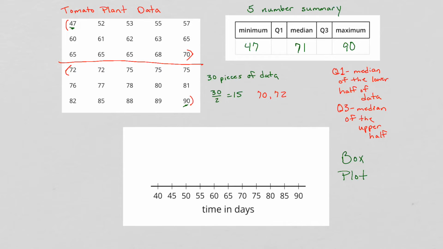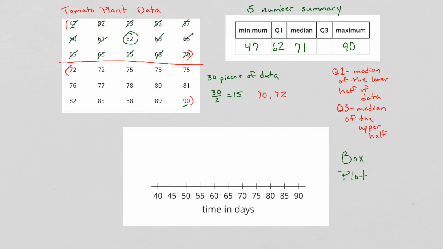All right, so in this case, we could count from the outside in, and I'll show you what I mean by that. So take those two away, then those two away, then those two away, those two away, those two away, these two away, these two are gone, and we end up with 62 as our Q1.